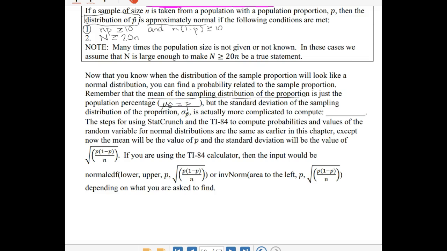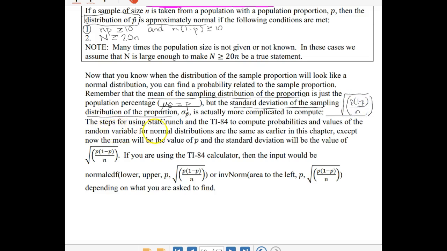Those two symbols, mu sub p-hat and p, stand for different things, but their values are exactly the same. But the standard deviation of the sampling distribution of the proportion, sigma p-hat, is more complicated to compute, so we need to be careful that we are taking the square root of this entire quantity, p times 1 minus p divided by n.